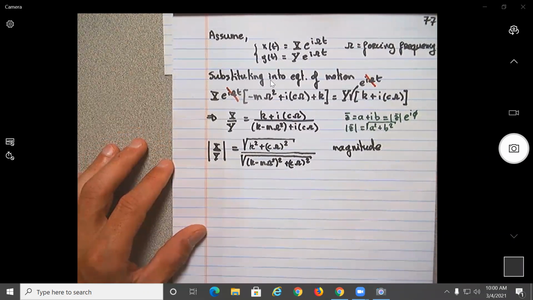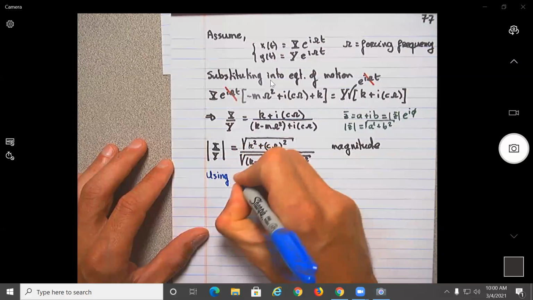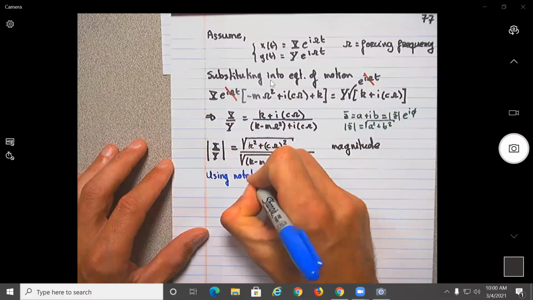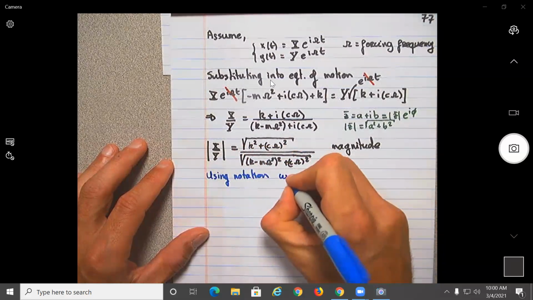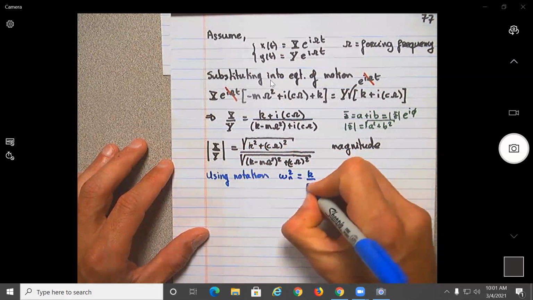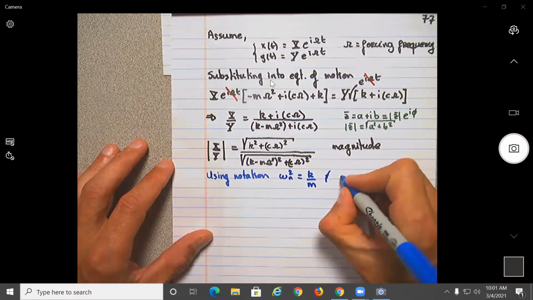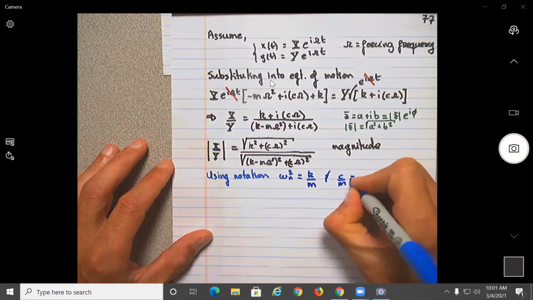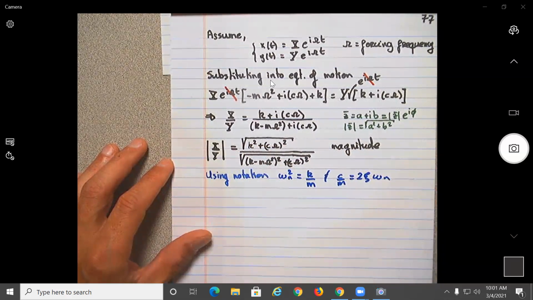Okay, next, using the notation omega n squared equal k over m and c over m equal to 2 zeta omega n.